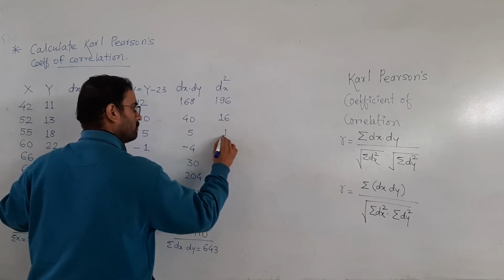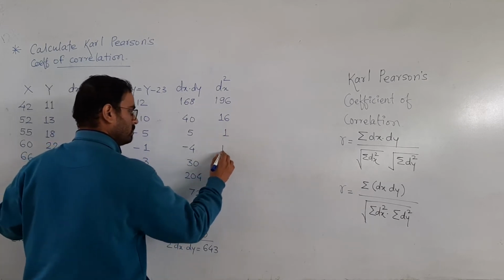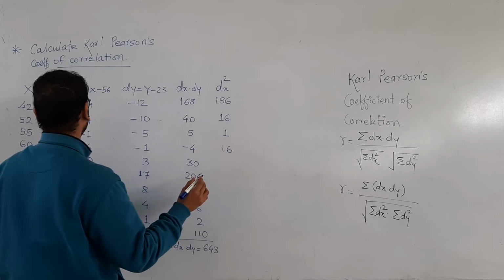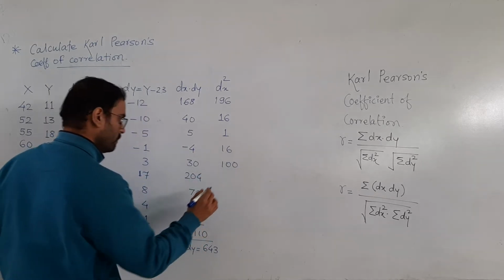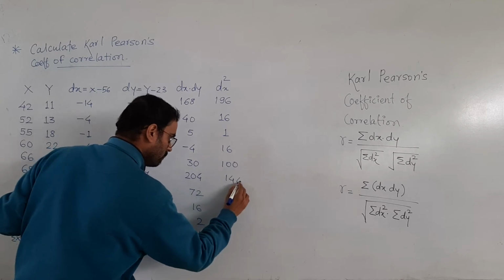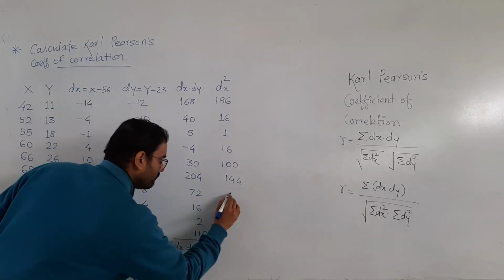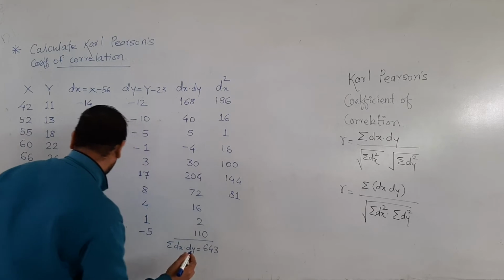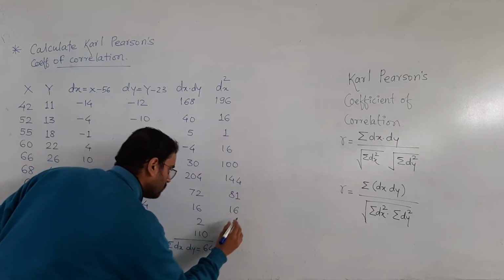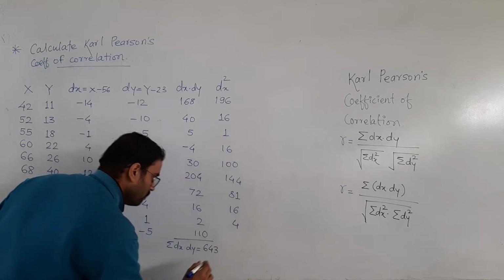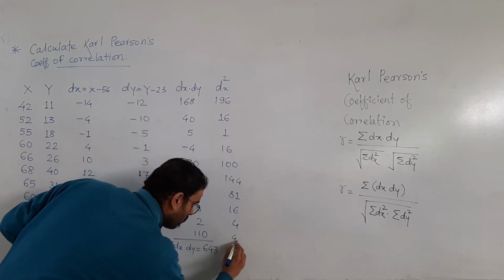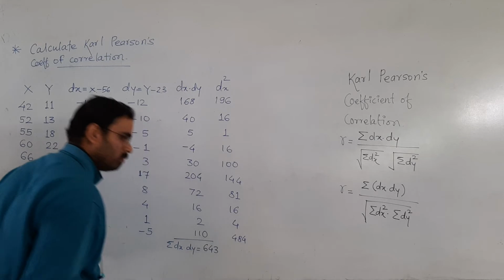1. 4 square is 16. 10 square is 100. 12 square is 144. 9 square is 81. 4, 16, 2, 4, 22 square is 484, I think so.